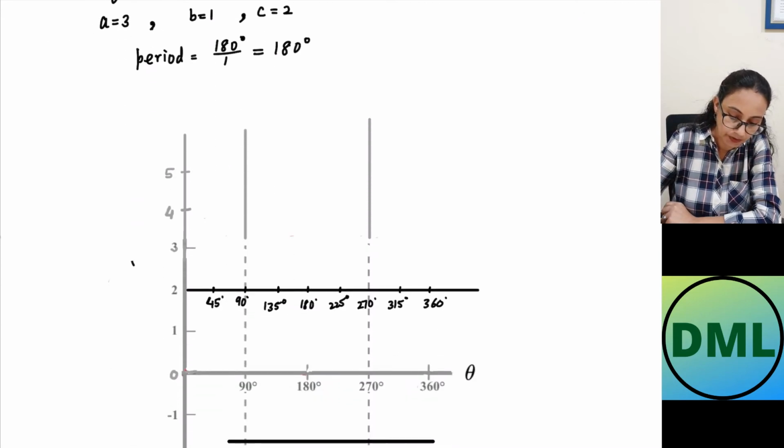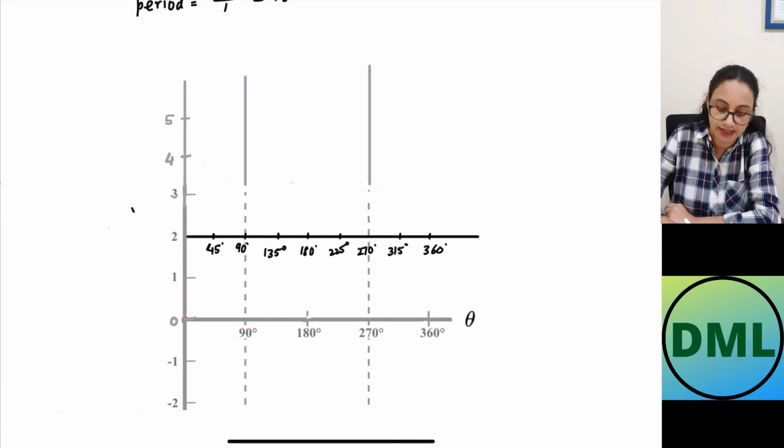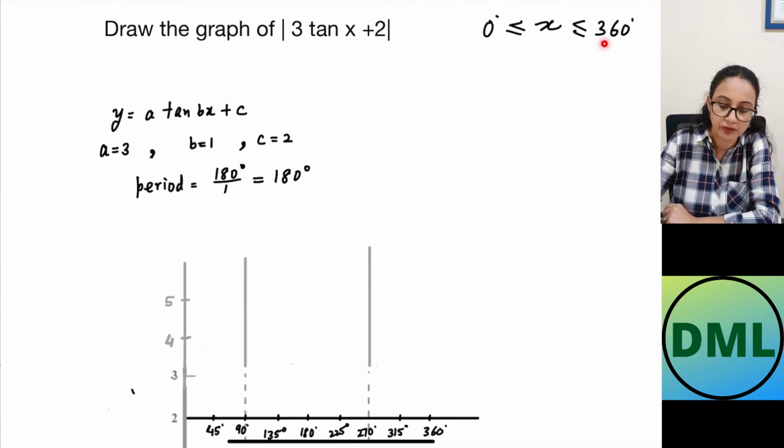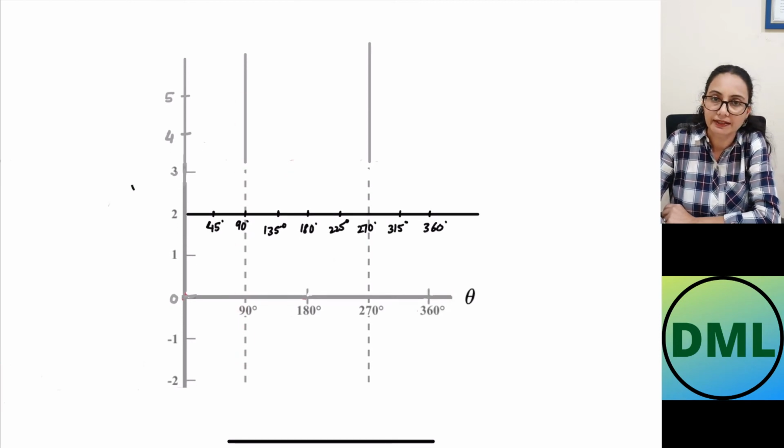So I have to take 90 degree on the positive direction of x-axis and 90 degree on the negative direction of x-axis. I didn't take negative 90 degree because it is not required, because I have to plot it from 0 to 360 degree. So my first asymptote is at 90 degree. If you add 180 degree, which is our period, to 90 degree, you will get 270 degree. That means our other asymptote is at 270 degree.